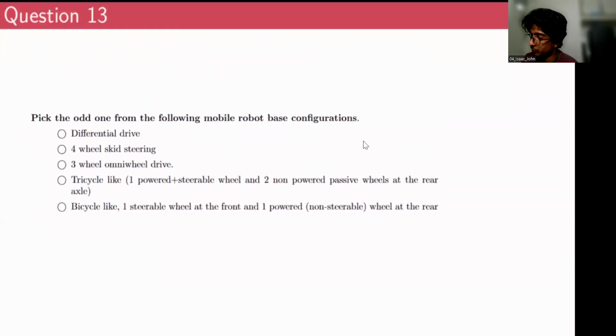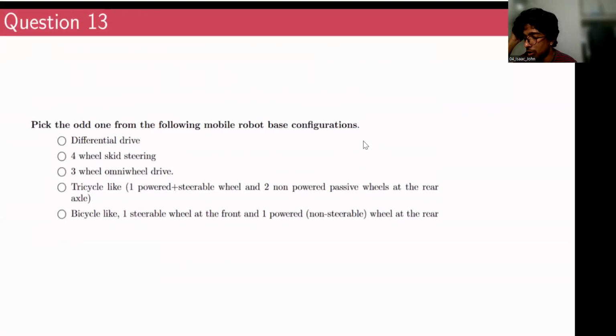And the final question for this session: pick the odd one from the following mobile robot configurations. Again, it's an odd one out. So we have a differential drive. This is non-holonomic. And 4-wheel skid steering. Again, that is also not holonomic.